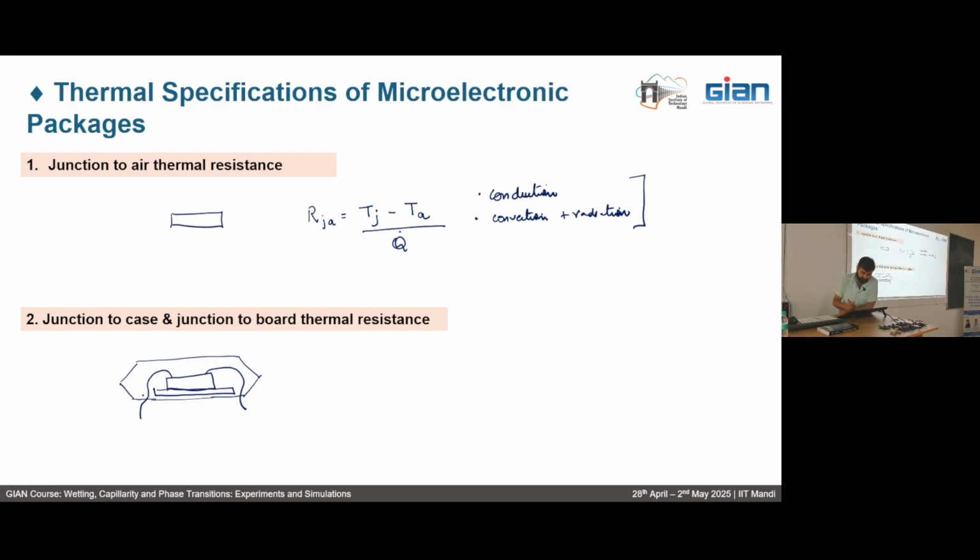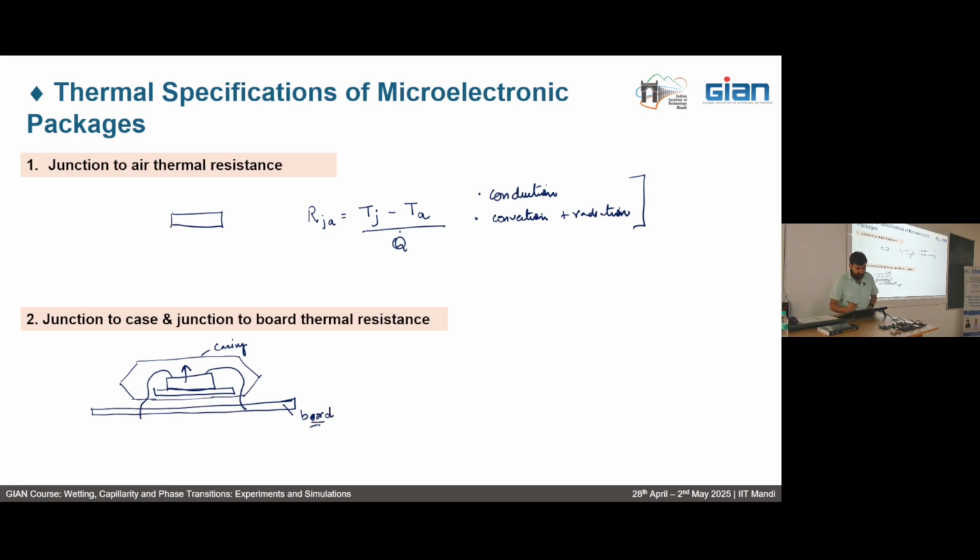And this device sits on a PCB board, so we also have a PCB board. Now when the heat is produced, some part of it goes to the casing and some part goes to the board.